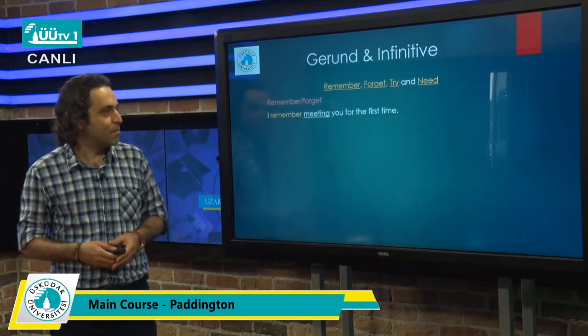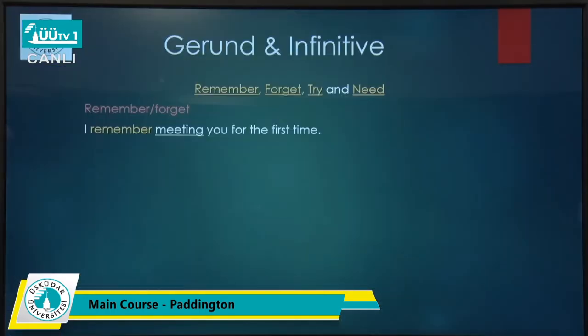Look at this example. I remember meeting you for the first time. Well, maybe our first meeting goes back to 5 years ago, but still I remember. Then the action of meeting happened in the past and now I remember that action. That's why meet appears in gerund form, because as I said, the action happened in the past.